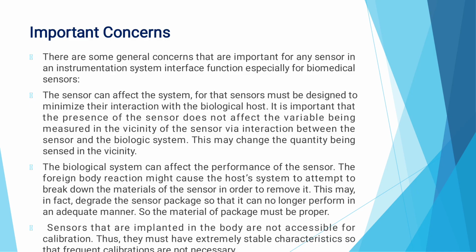When a sensor is placed inside the body, the body reacts against it. We call this foreign body reaction. This reaction may damage the sensor material and reduce its performance, so the sensor material should be biocompatible and stable.